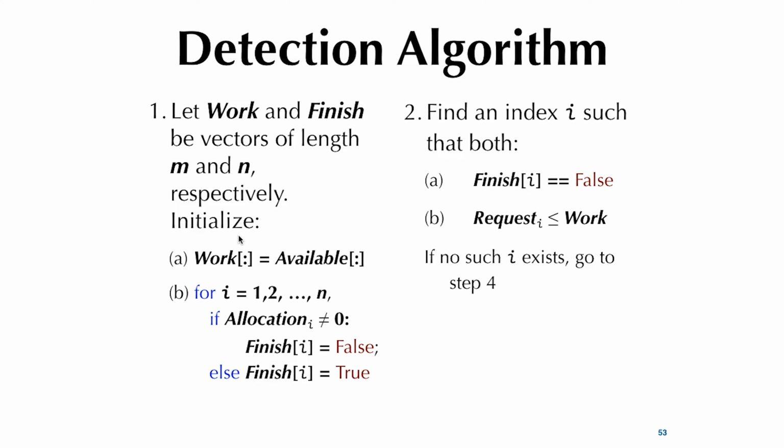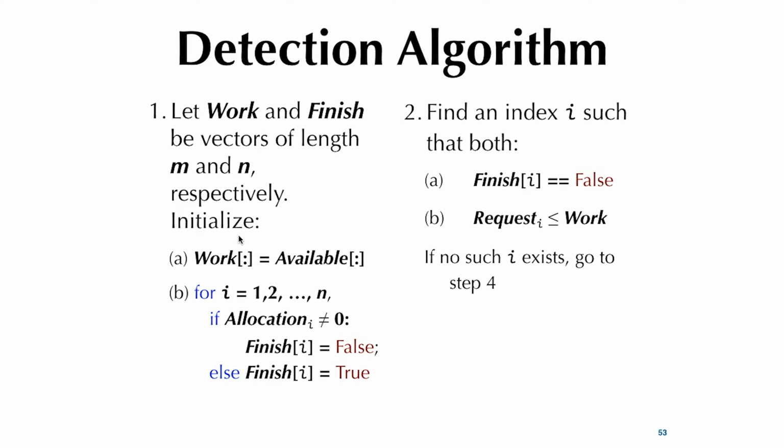Finish is a little different, right? Finish means if the allocation is non-zero, then false. That means you haven't finished assigning resources to it yet. If allocation is currently 0, then you don't even consider those, okay? Because during this process, you're not going to try to allocate more resources to any process that currently doesn't hold any, because that only complicates things.